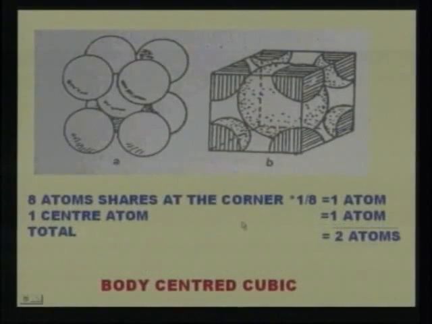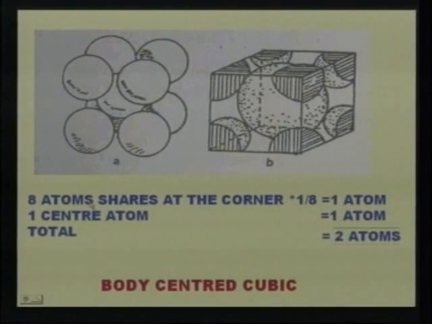Now let us see the effective atoms of the BCC structure. Here, these are the atoms arranged in the corners. This is the center atom. You see in diagram B, this part is 1/8 of the atom. So this 1/8 is taken in all the corners.